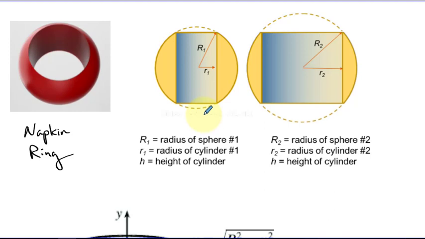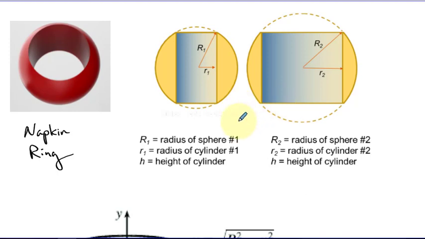What's the remaining volume? The amazing thing about the napkin ring, and I already have a video on this for Calc 2 where we don't do double integrals, we could do this again now with double integrals and polar integration, and we'll get the same answer. But what was so striking about that is that as long as the heights were the same in any two of these napkin rings, as long as the height, this distance here, was the same, you could have completely different spheres.